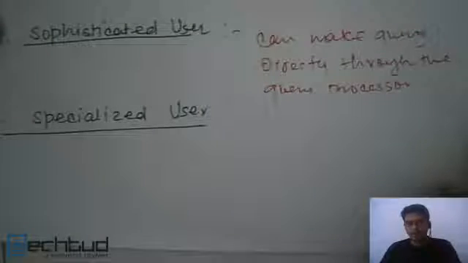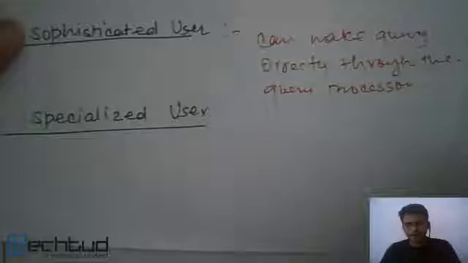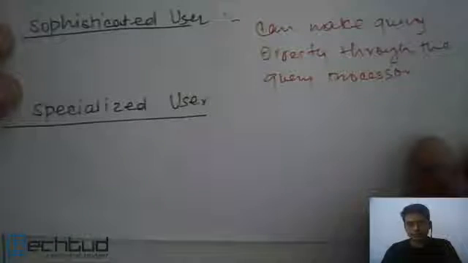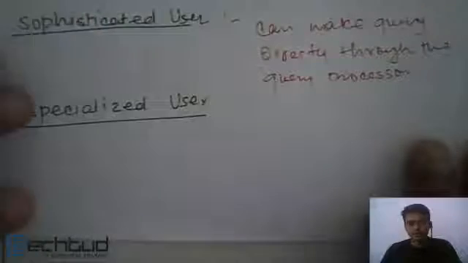I'll show you a demonstration in the example part, where I'll show how I can act as different kinds of users in the database system. I can make a query directly to a query processor. I need not write the query through a program. So this kind of user is a sophisticated user.